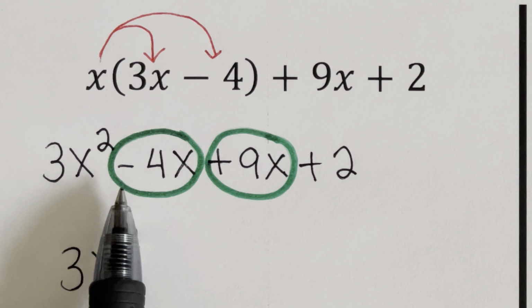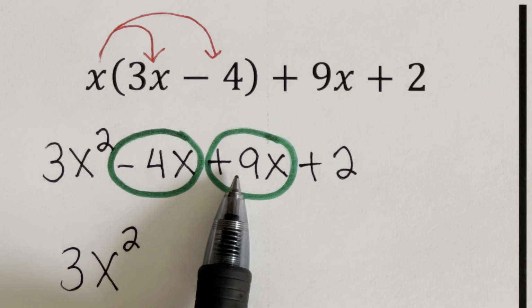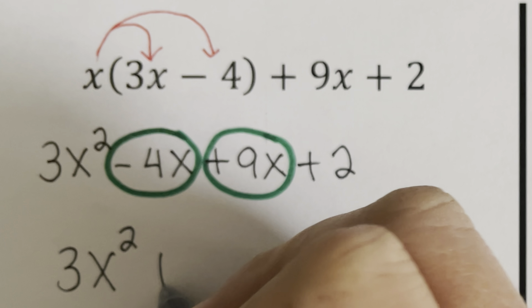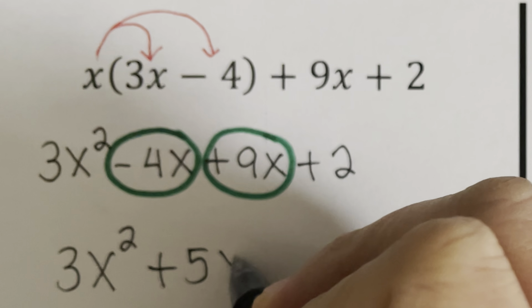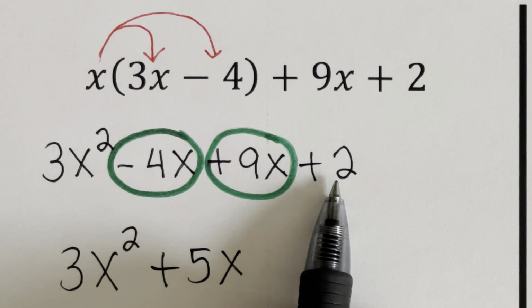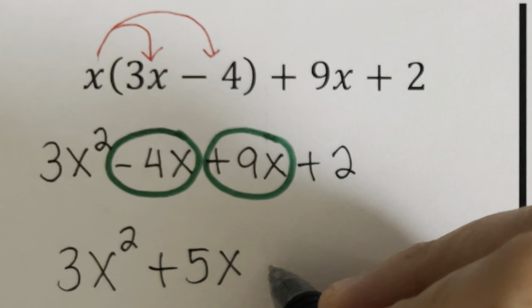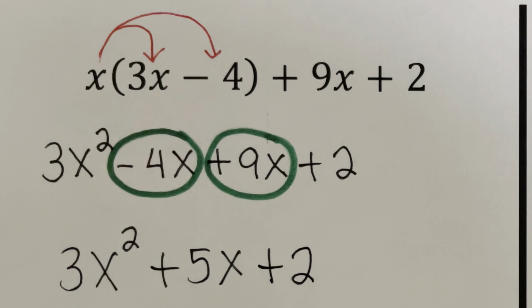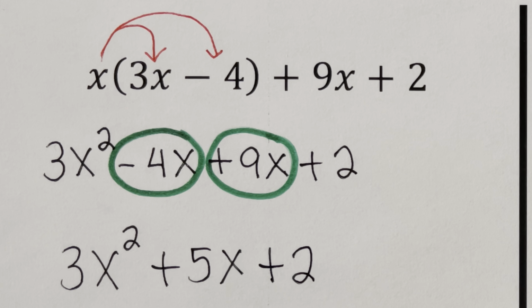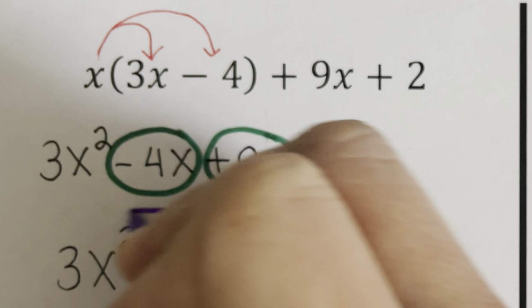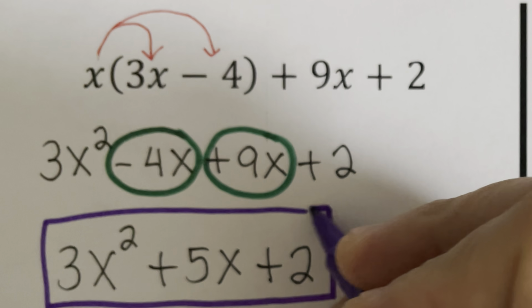And then I combine these two: negative 4x plus 9x is a positive 5x. And there's no other constant here since we only have 2 left over, so I can just write 2 after that. And this is our simplified form of this expression.